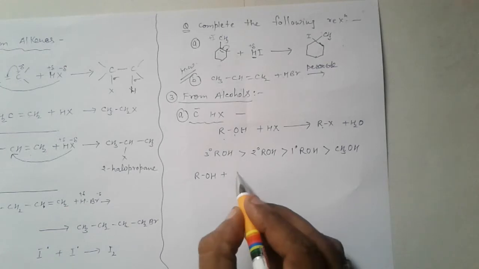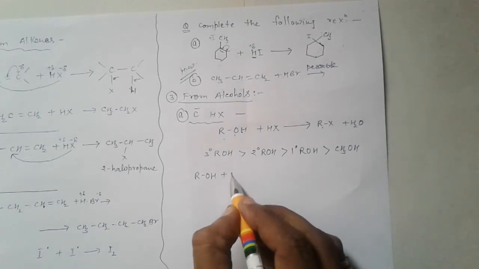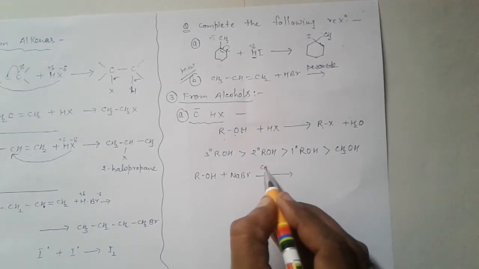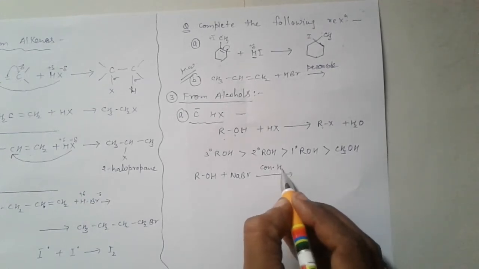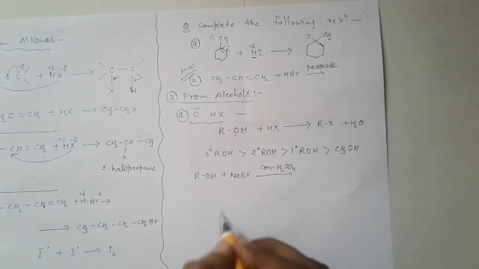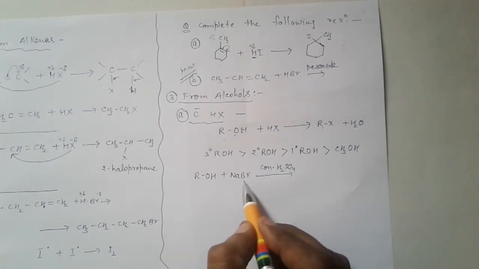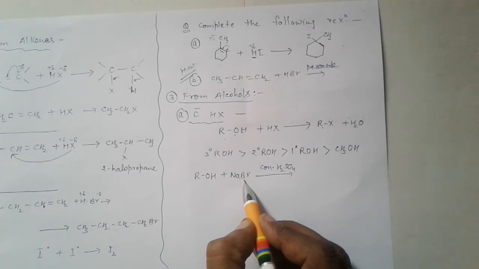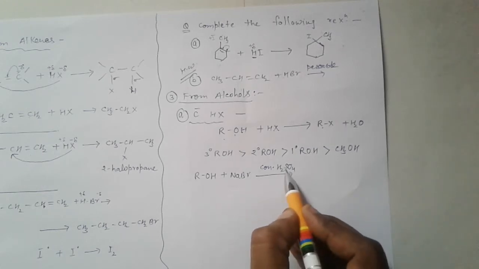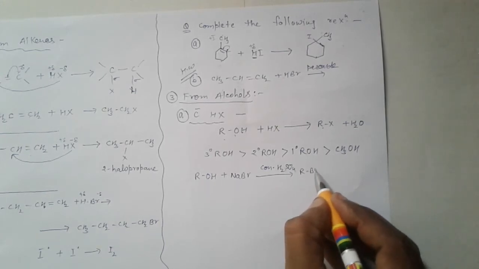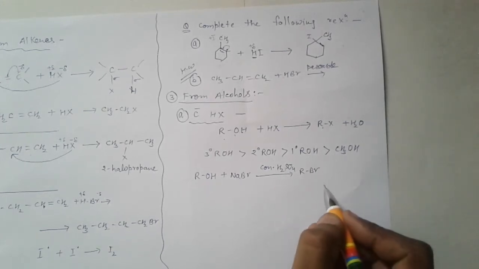It is alcohol molecule and it is sodium bromide. When alcohols are reacted with sodium bromide in presence of concentrated H2SO4, then alkyl bromide is formed.